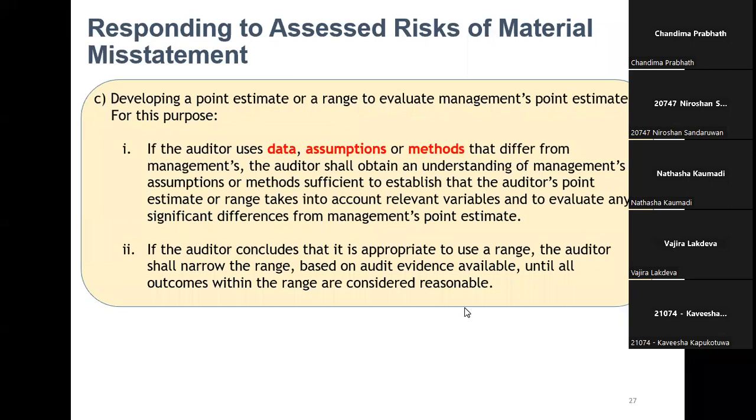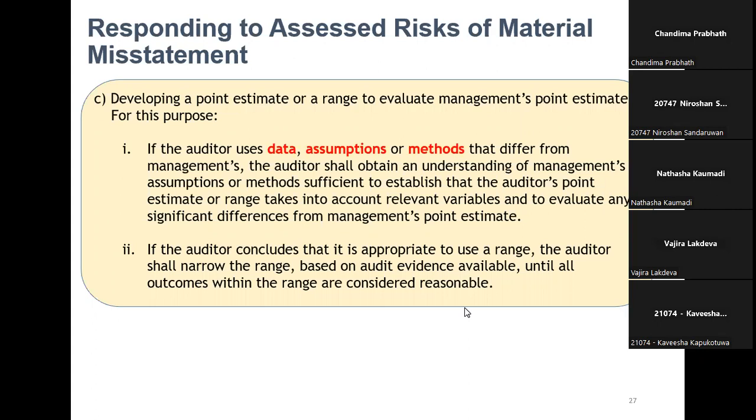So the auditor uses a different approach, and the method, assumptions and data used could be completely different from what has been used by the client, right? If the auditor uses data, assumptions or methods that differ from management's, the auditor shall obtain an understanding of management's assumptions or method sufficient to establish that the auditor's point estimate or range takes into account relevant variables, and to evaluate any significant differences from the management point estimate.